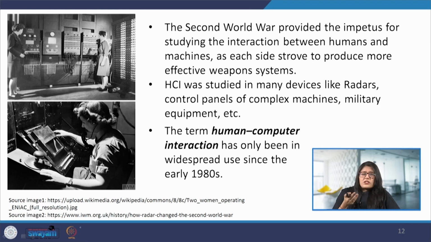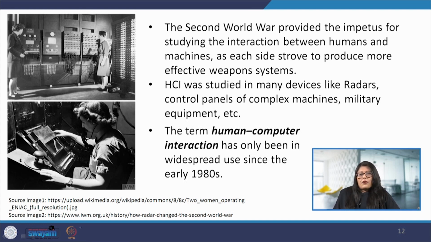The Second World War was also in a way quite helpful in introducing us to interaction design, because when the war was going on, a lot of focus came onto the human being, on the person, because all these machines were now operated by human beings. They were not automatic at that time.